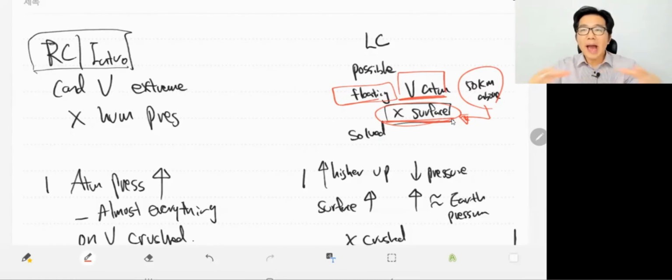we don't have human presence on the surface of Venus. The surface of Venus would be hard or impossible, but if we make a floating station 50 kilometers above the surface of Venus, these problems can be solved.